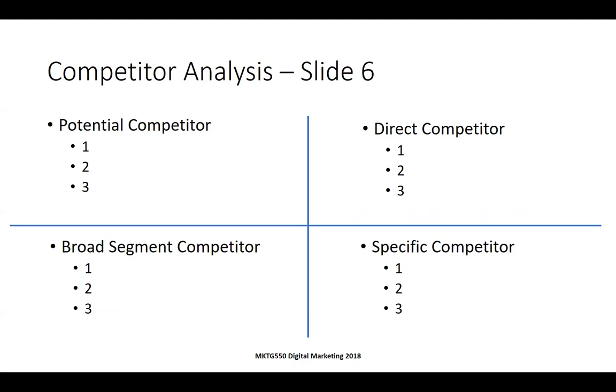One is a big picture on what you care about, the potential that could be coming in. The next is going down to who the direct competitors are today, who the broad segment competitors are, and then into the specific competitors. That's sort of what this is about. It doesn't have to be exactly what I'm putting here.